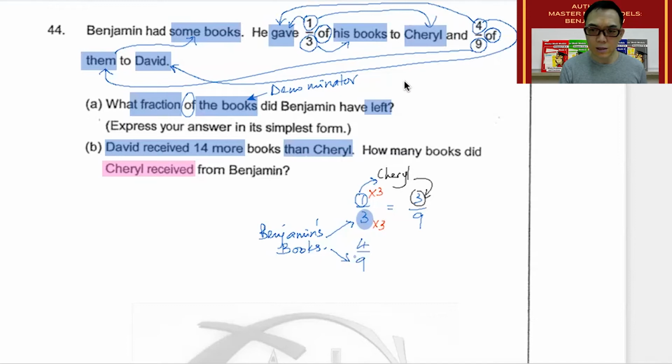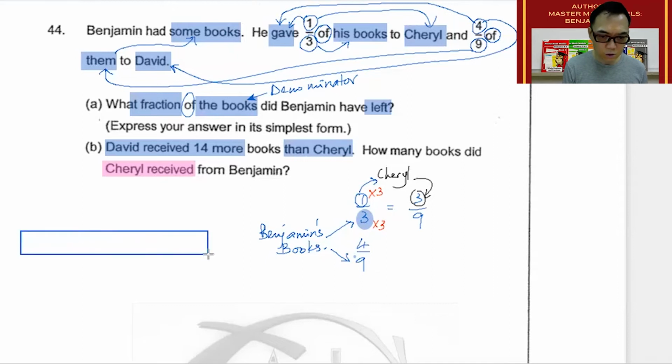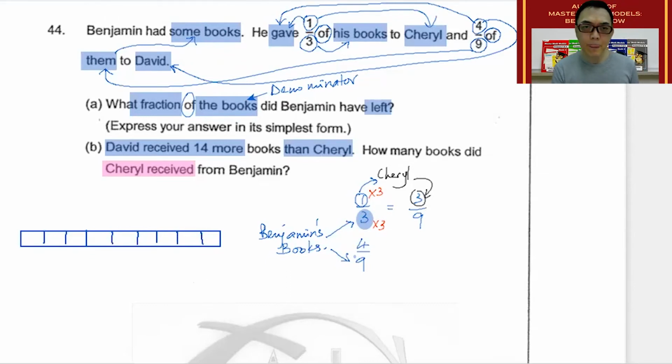That model is made up of 9 units because the denominator is 9. So here's our model, and it is to be cut into 9 boxes. I'm going to cut it into 3, and then cut each of them into 3 more, because 3 times 3 is 9.